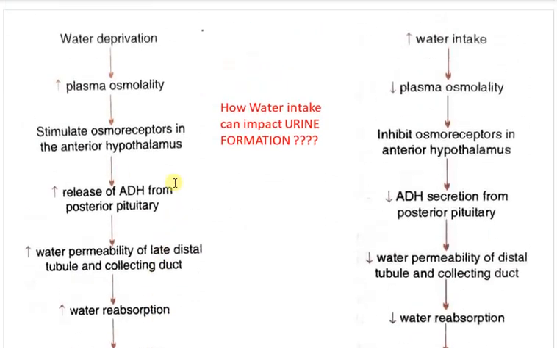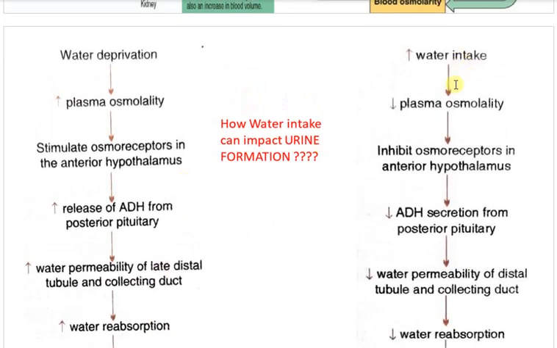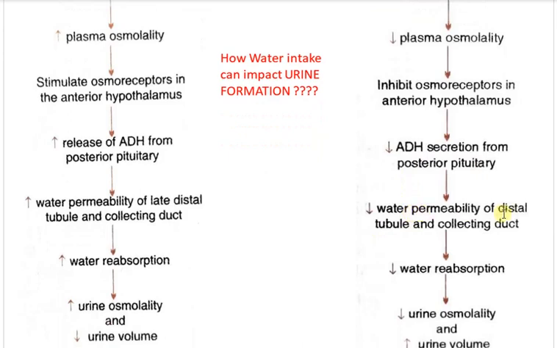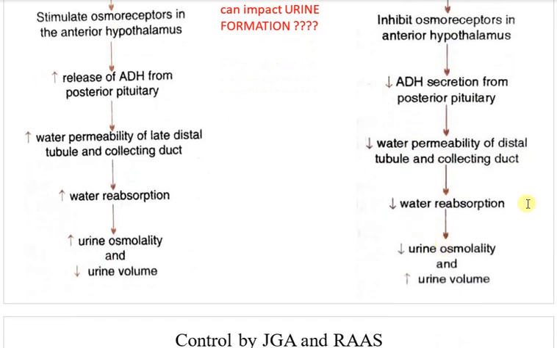But what happens when you are taking enough water? Plasma osmolarity decreases, inhibiting osmoreceptors in the anterior hypothalamus. As a result, ADH secretion from the posterior pituitary decreases. Water permeability of the distal tubule and collecting duct also decreases. Water reabsorption decreases, urine osmolarity decreases.